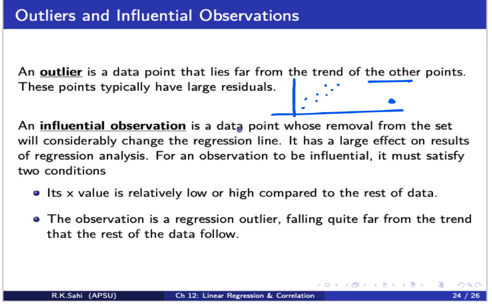Okay. Influential means removal from the set will considerably change the regression line. It has a large effect on the results of regression analysis. Now, in order for an observation to be influential, its X value is relatively low or high compared to the rest of the data. You can see this one. And this observation is a regression outlier, falling quite far from the trend that the rest of the data is following.